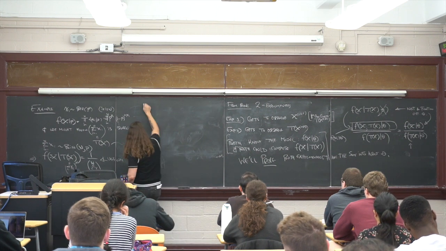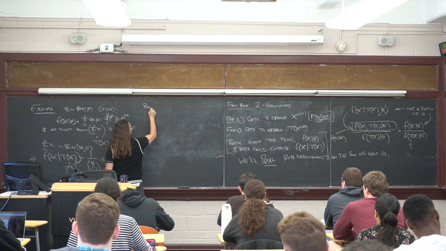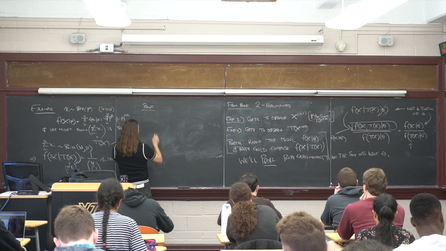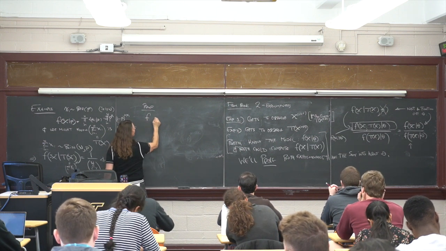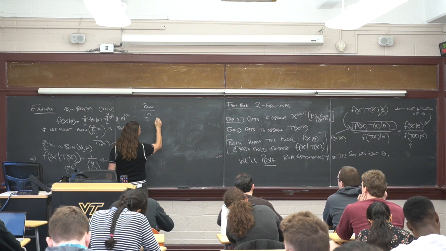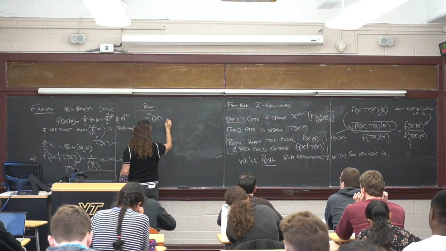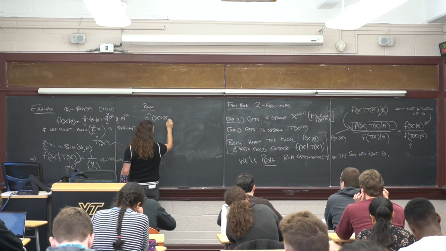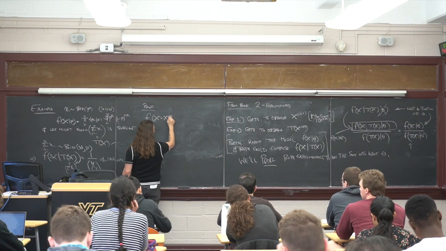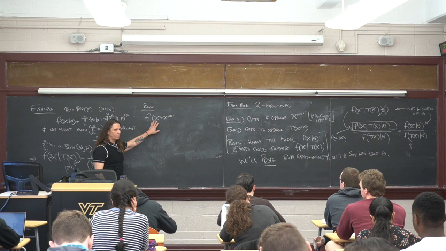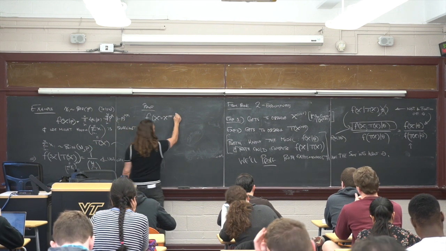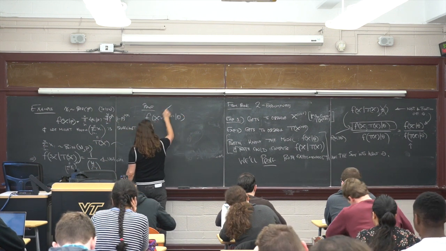Here's our proof. I'm going to say f of x equal to x observed, given theta. This is what experimenter 1 gets to see.